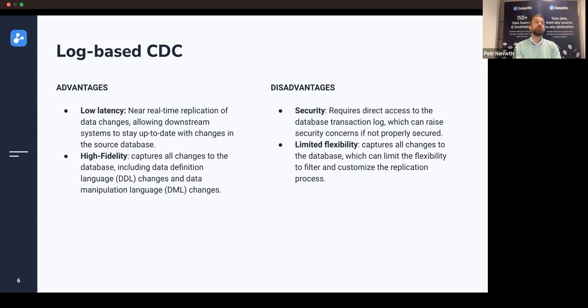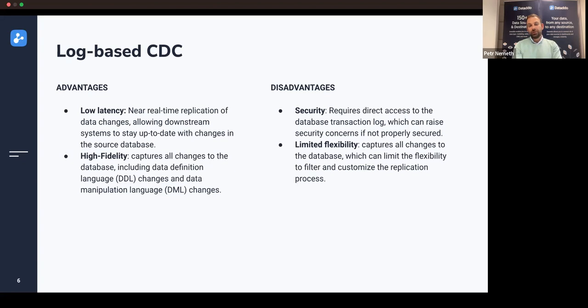So again, if you need to track deleted rows or any other changes that go beyond just the recently mutated data, log-based CDC is the way forward.